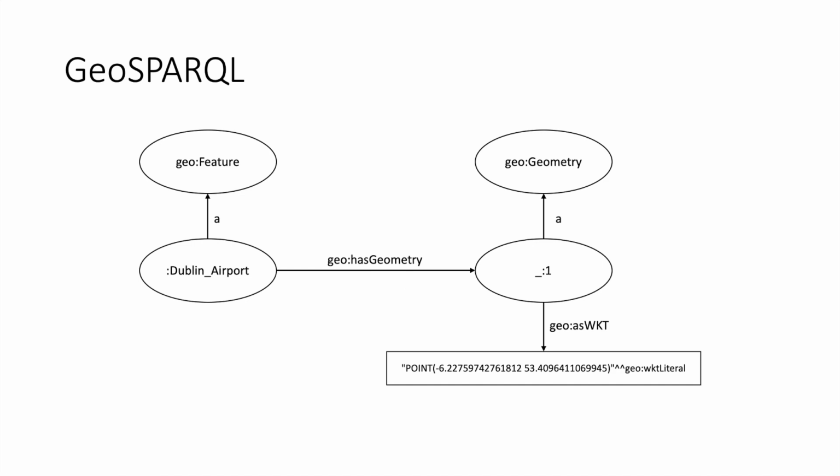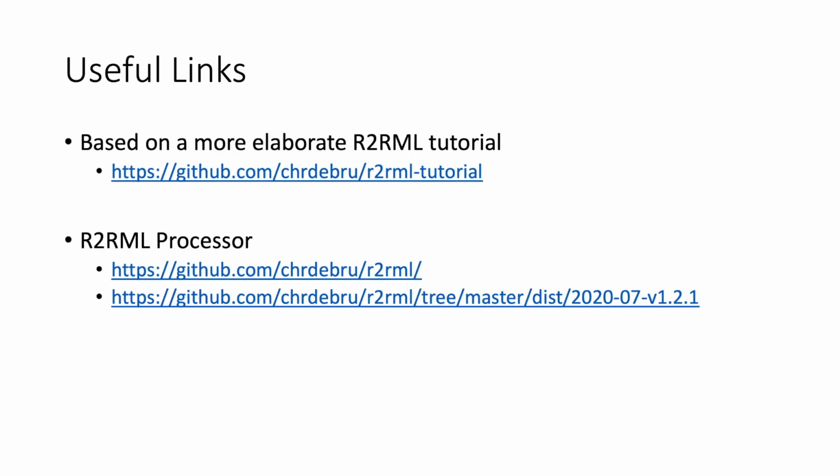Now, this tutorial is based on a more elaborate R2RML tutorial that I've developed, which you can find on GitHub, and the R2RML processor that we will avail of in this tutorial can be found here, and you can also find a pre-compiled and packaged version that you can just download and use immediately.